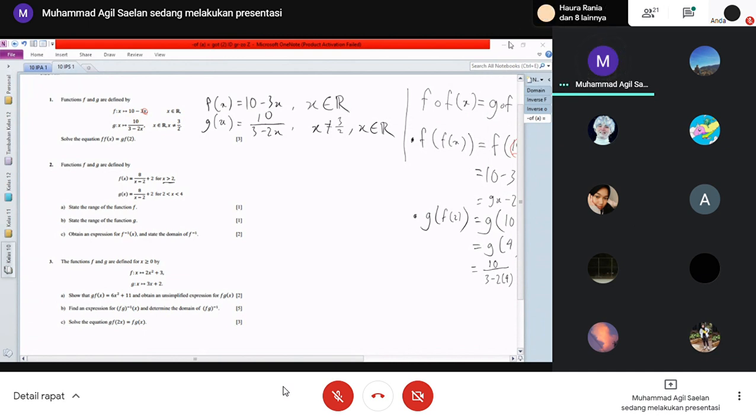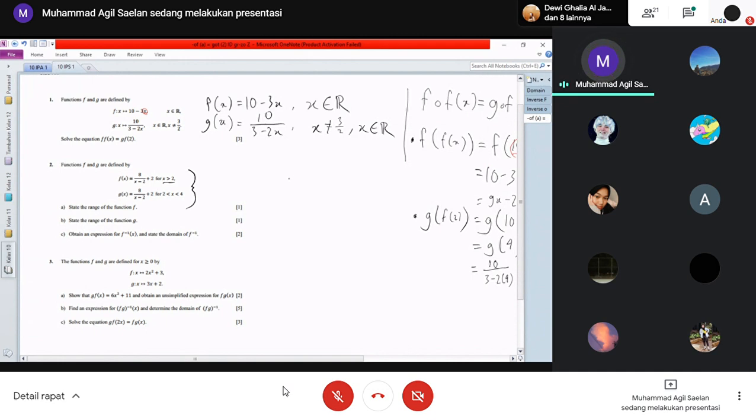So we have two functions which are pretty similar, as you can see. The difference lies in the domain. The first one is x greater than 2, the second one is x between 2 and 4. We want to find, in questions A and B, the range of each function. One way to do that is to sketch the graph of the equation.